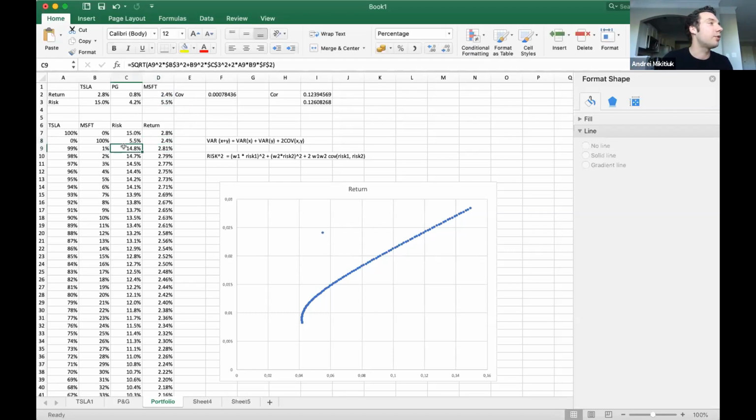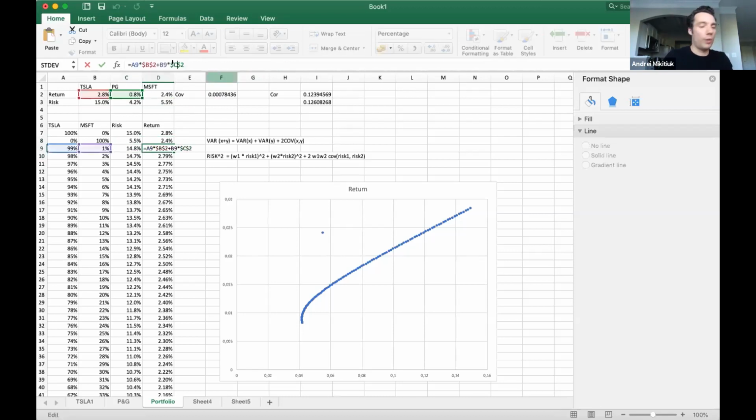And now for the same portfolios, I would just change all the C to D, and this one as well. And I need a new covariance. So I need a covariance for Tesla and Microsoft.